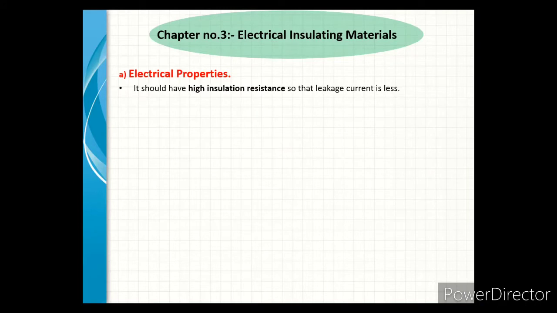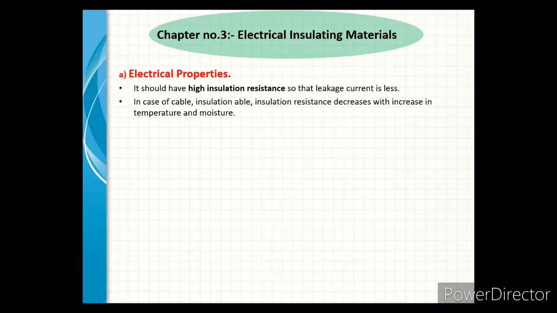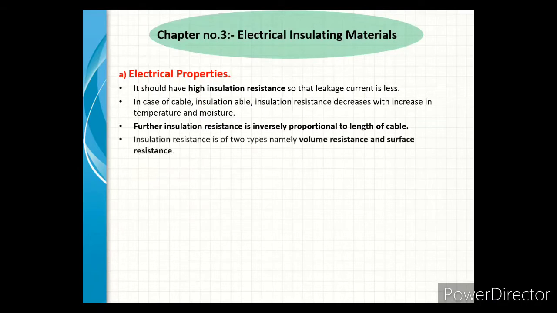It should have high insulation resistance so that leakage current is less. In case of cable, insulation resistance decreases with increase in temperature and moisture. Further, insulation resistance is inversely proportional to the length of cable.